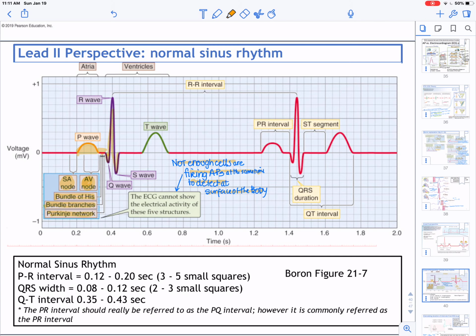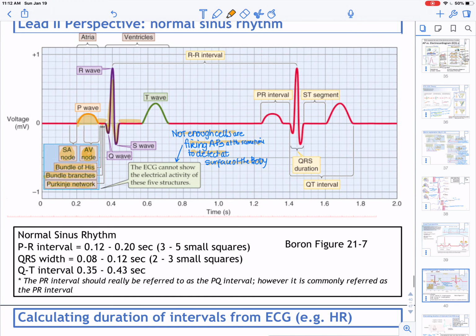And then again, just to remind you, that ST segment is the time of the action potential plateau in the ventricular cells. A change in the ST segment gives you a read about the duration of that plateau.